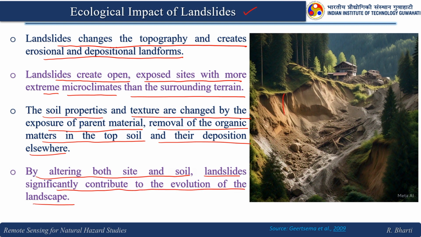So, slowly things will change here and this particular topography will be filled with vegetation and a new topography will take place, right. So, this is the modification of the topography because of the landslide. So, these are the geomorphological changes.